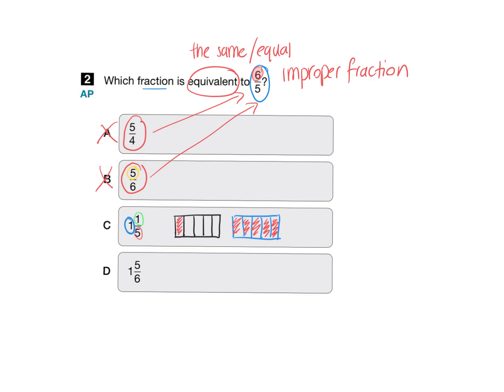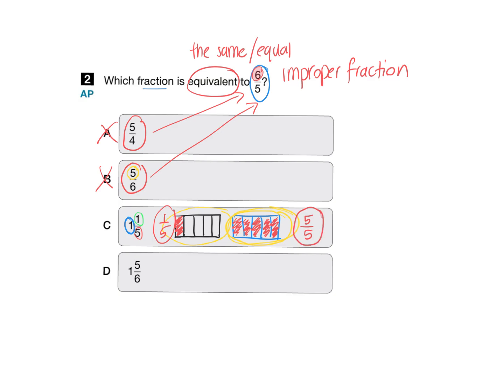What's another way of writing this as a fraction? 1 whole, or how many parts did I shade in? I shaded in just this part, 5 out of 5. And I shaded in just this part, 1 out of 5. So I shaded in 1 out of 5 and 5 out of 5, right?